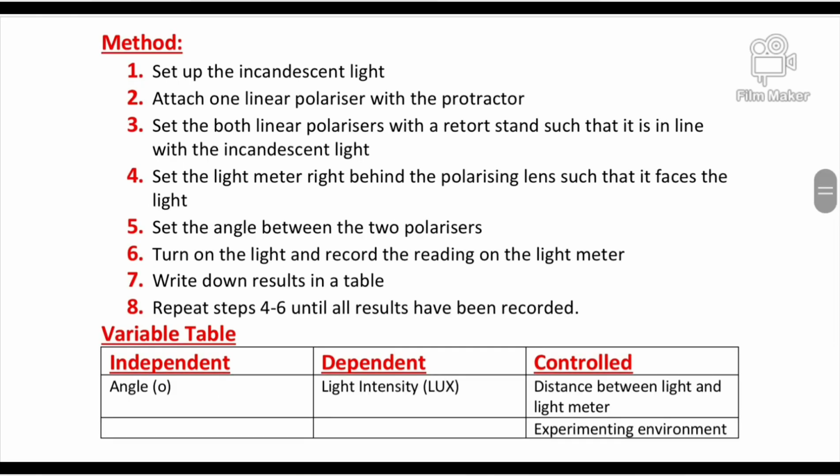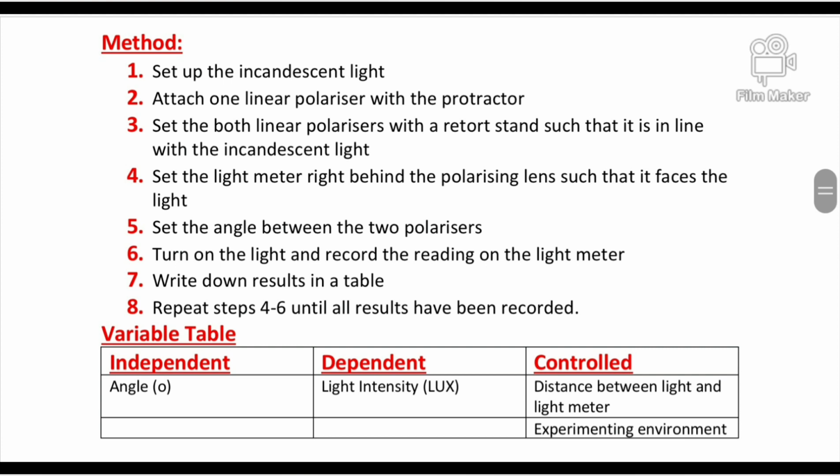Method: 1. Set up the incandescent light. 2. Attach one linear polarizer with the protractor. 3. Set both linear polarizers with a retort stand such that it is in line with the incandescent light. 4. Set the light meter right behind the polarizing lens such that it faces the light. 5.